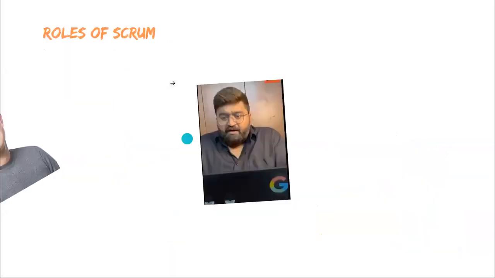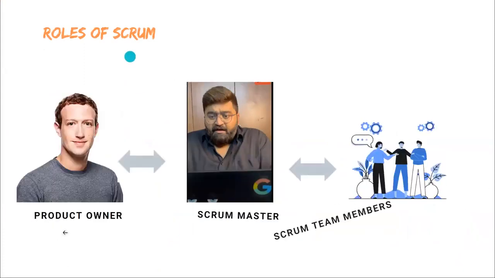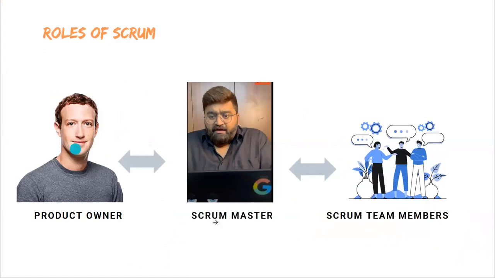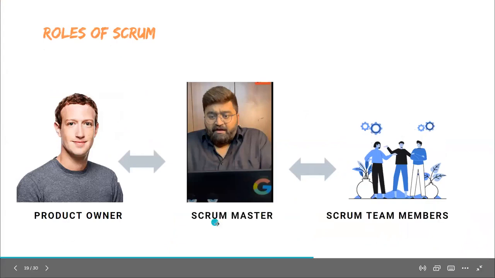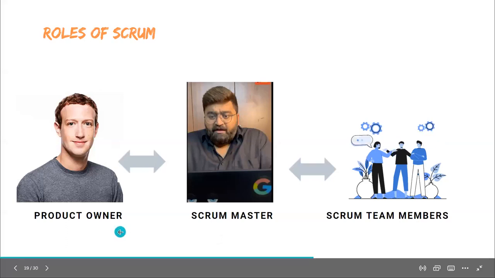So let's talk about the roles of Scrum. In Scrum, you will have majorly 3 roles. How many roles? The first one is the product owner, the second one is the Scrum master, and the third one is the Scrum team member. This product owner, like we have seen in Agile, is the same here also. The product owner is going to give the input to the Scrum master. For example, the product owner needs an application developed, so the product owner gives input to the Scrum master.